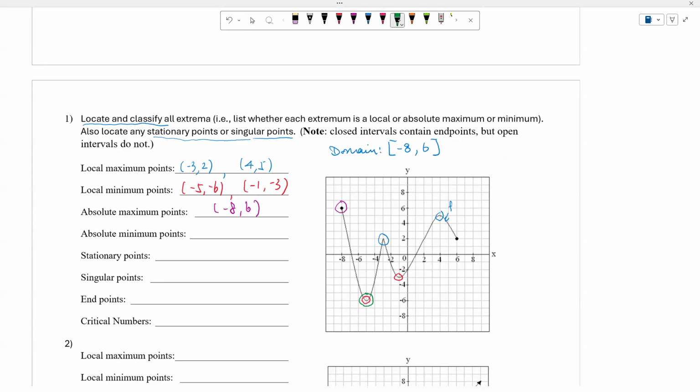So my absolute minimum is (-5, -6). Then I'm looking for the stationary points. Remember, a stationary point is related to f'(c) = 0. So in this case, my stationary points are this one and this one.